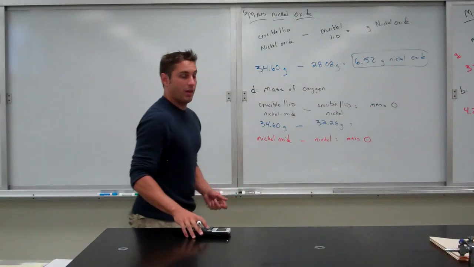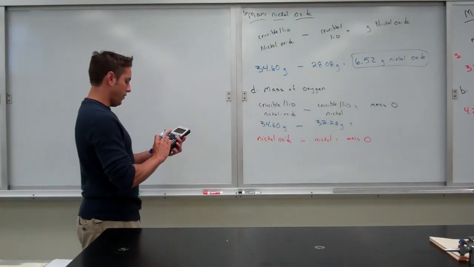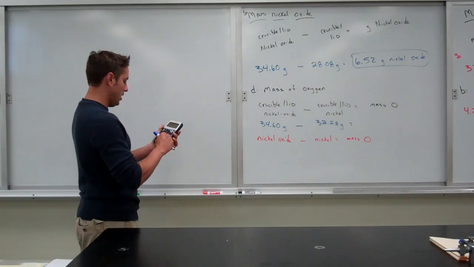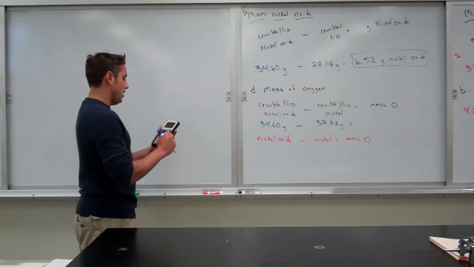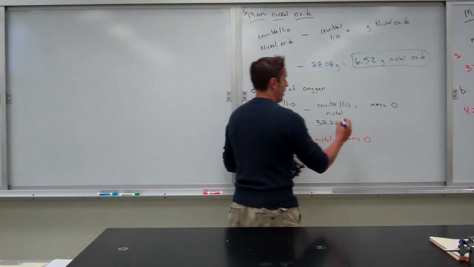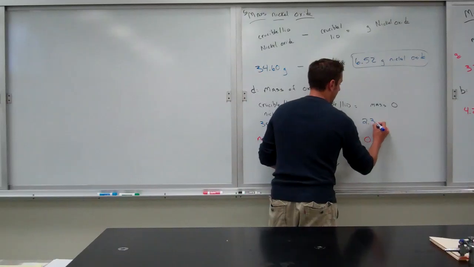And the difference between those will be the mass of oxygen. So 34.60 minus 32.28 is 2.32 grams, and we go two places past the decimal.